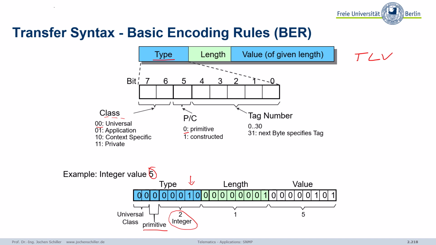In this case, how many bytes do we need? We need only 1 byte, that's the length, and then we specify the value. It's the 5, 101 is the value. So you see, that is a way of transmitting our integers.